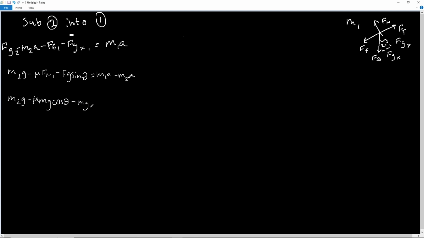And then Fg sine theta is mg sine theta, equals m1a plus m2a. This is the final equation that will be used to get the answer.